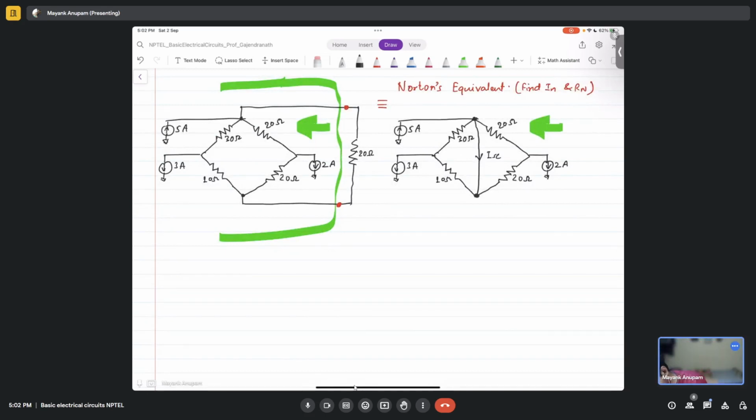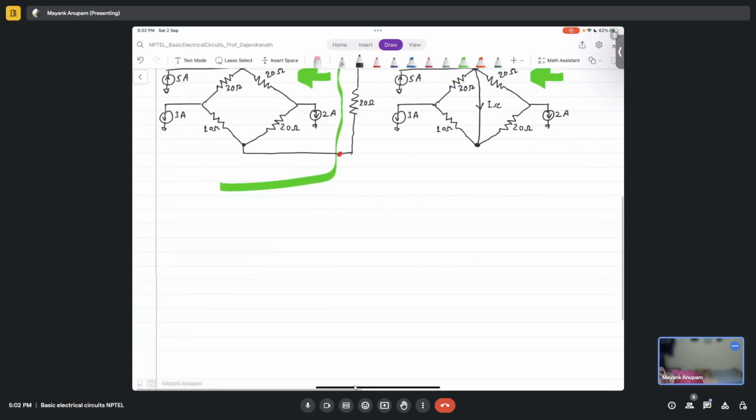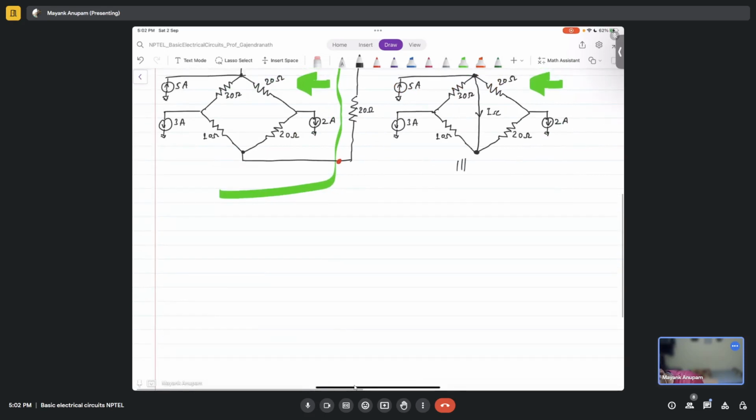So what will be the conditions? At this node we have 30 ohms and 10 ohms connected in parallel. This is 30, this is 10 ohms, connected in parallel.